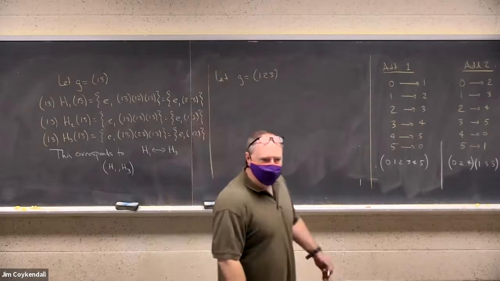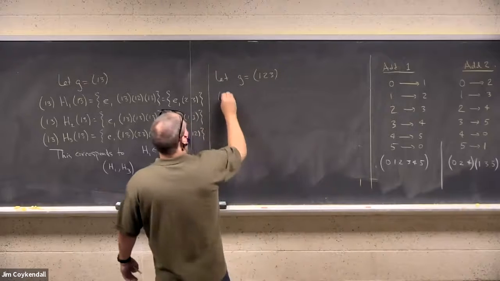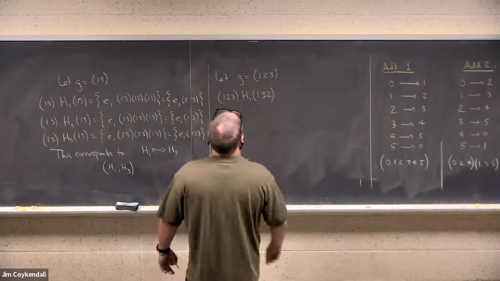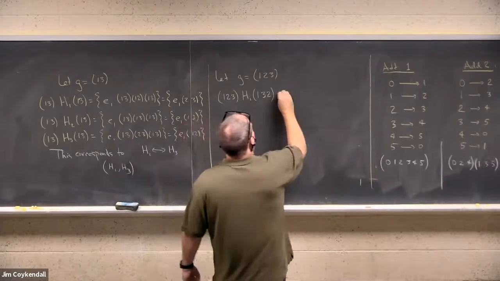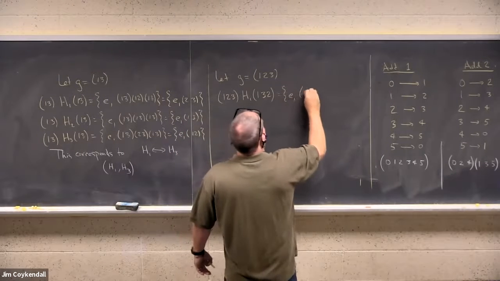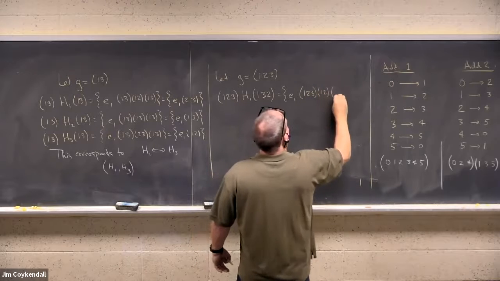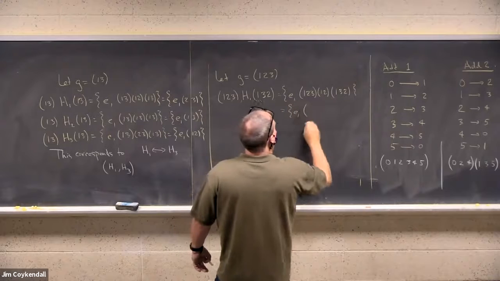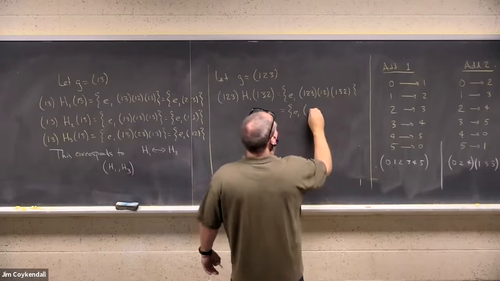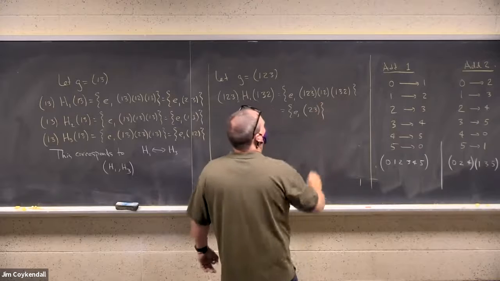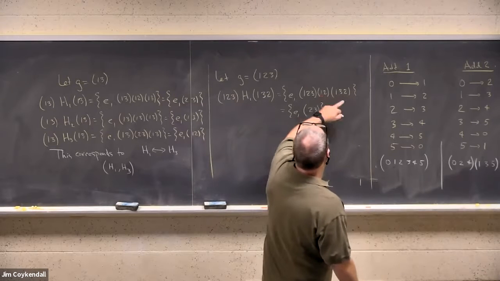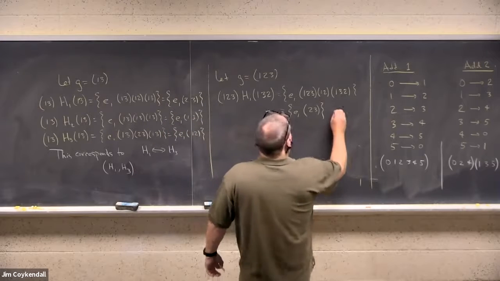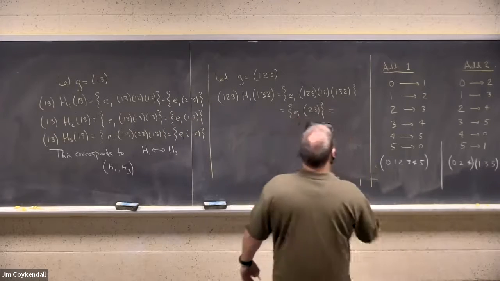We tried an element of order 2. Let's try (1 2 3). What happens here? Conjugate this way. This is E, (1 2 3)(1 2)(1 3 2), which is E. Let's see, where does this go? 1 goes to 1, so this comes to 2. Which one does this conjugate to? H3.